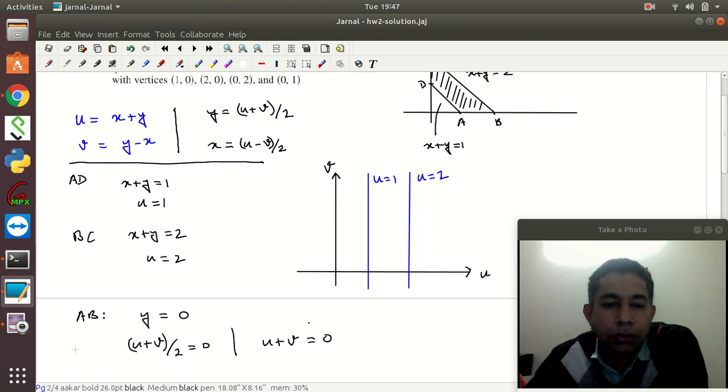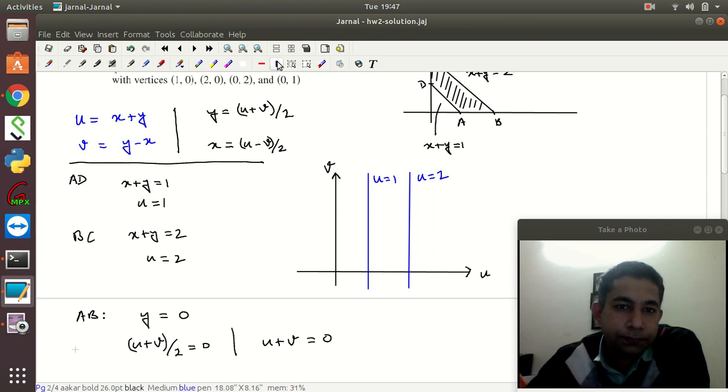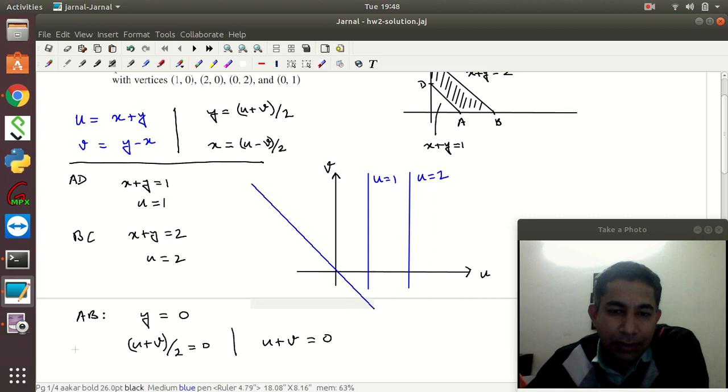Okay, so in the uv axis, the line u plus v is equal to 0 should look like this. Okay, so we'll extend that later, but that's the line u plus v is equal to 0, right?